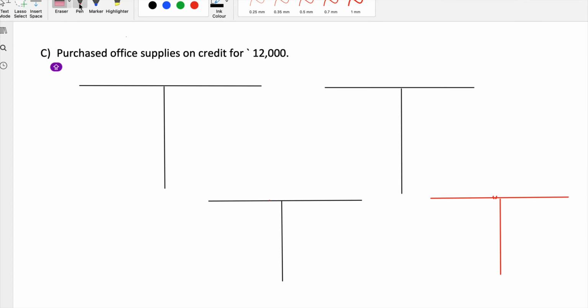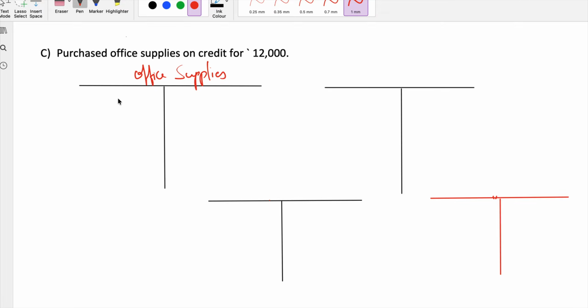Okay, now let's see transaction C. Purchased office supplies on credit for 12,000. Okay, so yeah, what is coming in is office supplies, right? So office supplies is an asset.